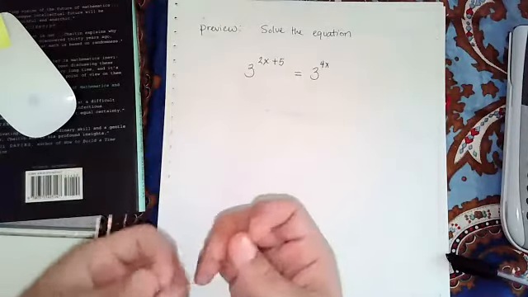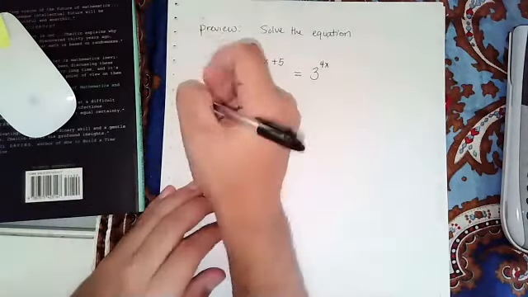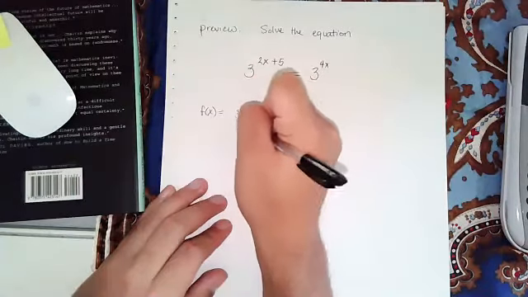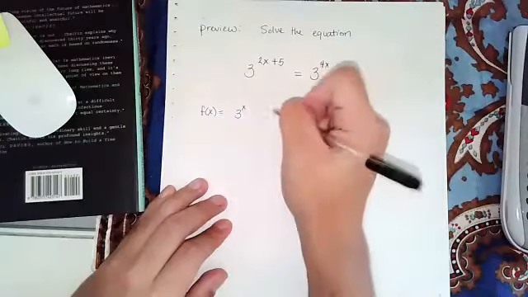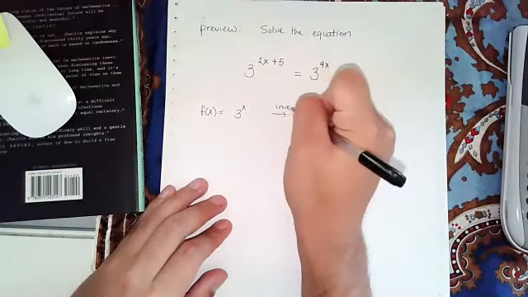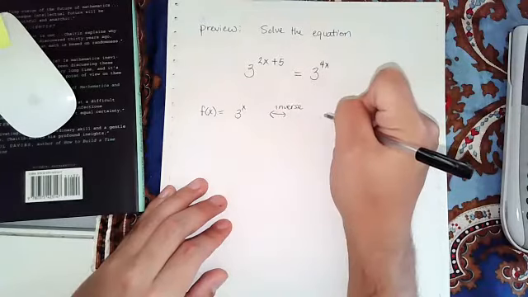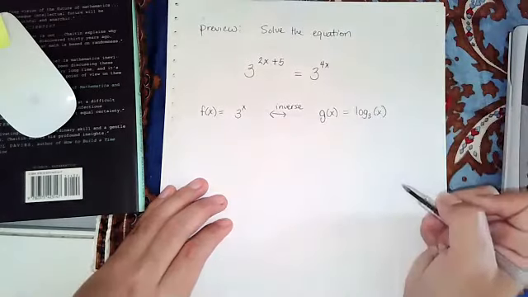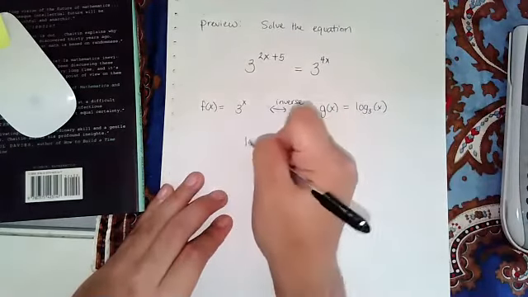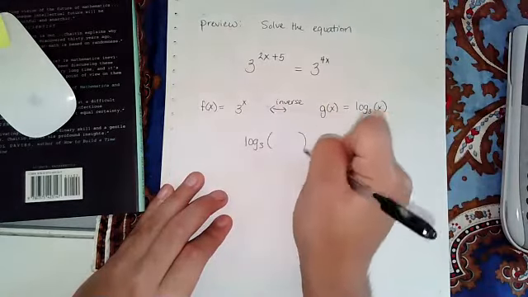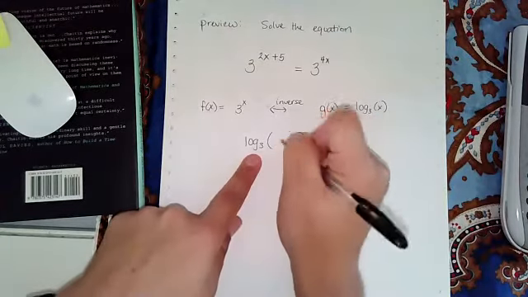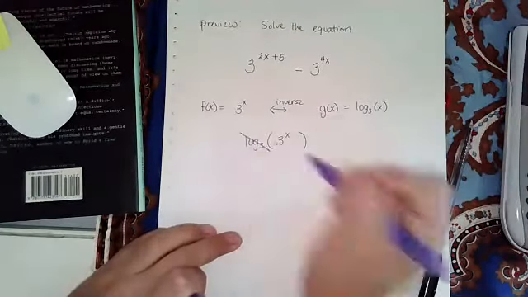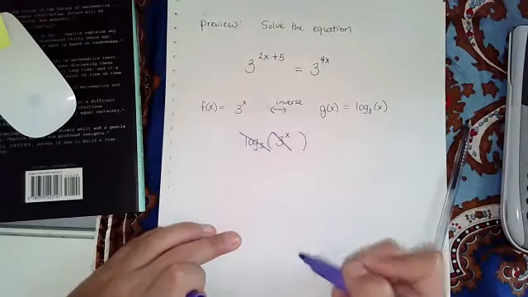So to cancel out the base of a function, we have to keep in mind that if you have a function like 3 to the x power and its inverse, let's call it g of x equal to log base 3 of x, then if I wrap the log base 3 around 3 to the x, the log base 3 cancels out the exponential base 3.